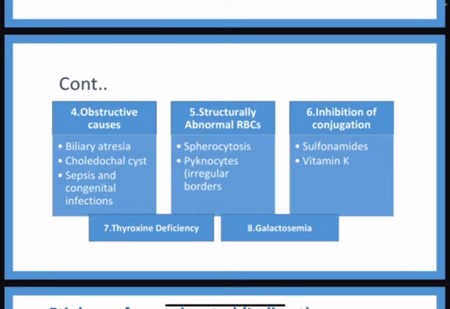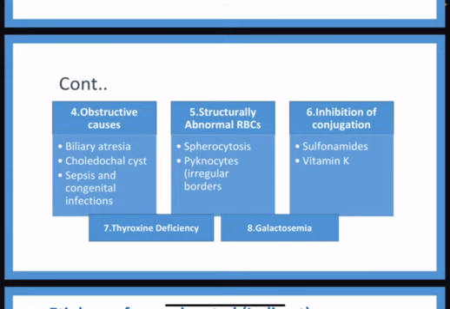Some babies who have, for example, any sort of infection and receive a cephalosporin, like a third generation cephalosporin, this can also cause stasis or inefficient excretion of bilirubin. Another cause of increased or pathological jaundice is increased hemolysis.